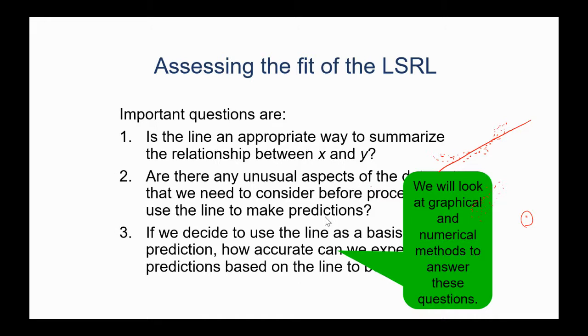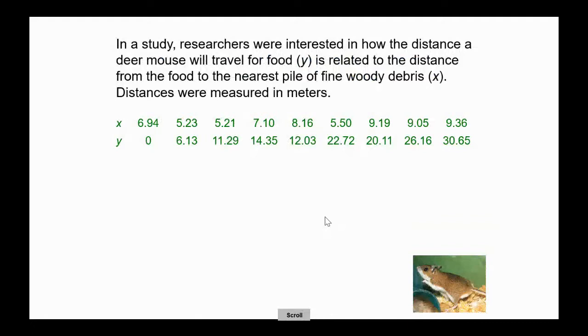We're going to look at graphical methods and numerical methods to answer these. So we have this deer mouse example that y'all hopefully entered the data for in the calculator. In a recent study, researchers were interested in how the distance a deer mouse will travel for food, which is our y variable, is related to the distance from the food to the nearest debris pile.